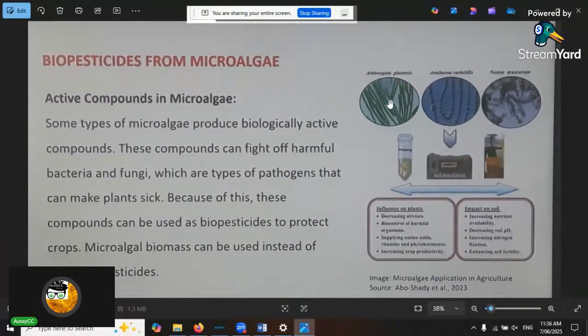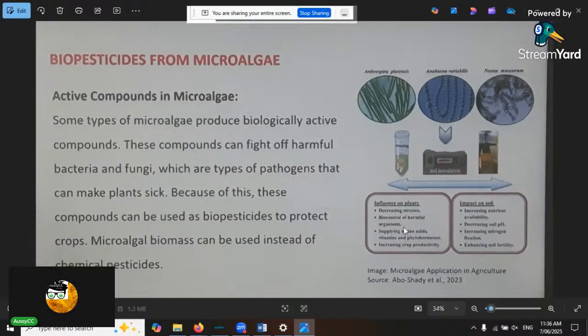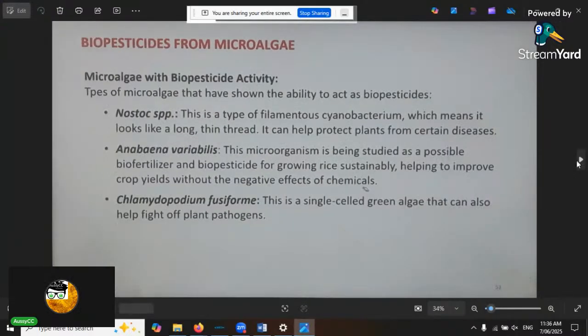I've had the same culture for 5 years. Organic culture too. So, types of microalgae. Just protect plants.